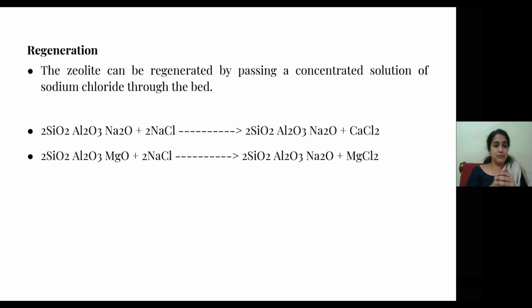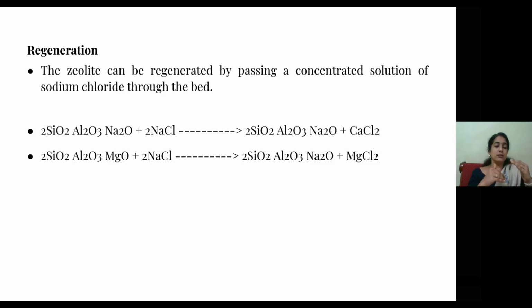And this zeolite can be regenerated by passing a concentrated solution of sodium chloride through the bed. This zeolite is actually a bed, and the water is passed through this zeolite bed, and the zeolite can be regenerated by passing sodium chloride through the bed.